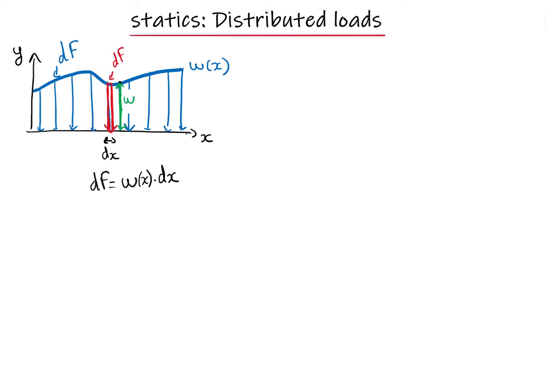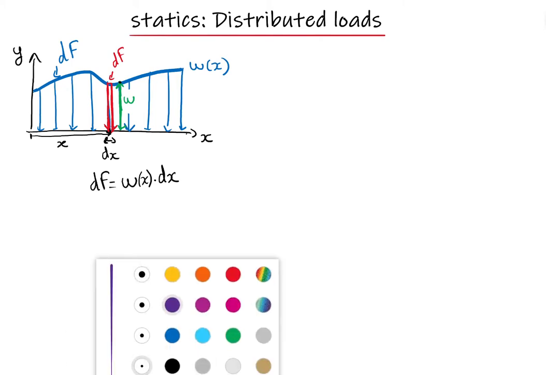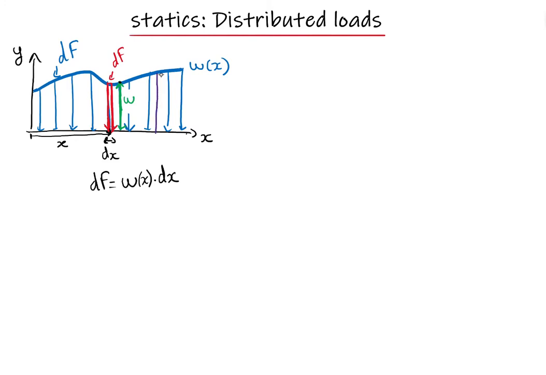So your little dF is a little rectangle with height w at this x. There is a multitude of little dx. For example, we can take this dF there, this little rectangle, that will still have width dx.